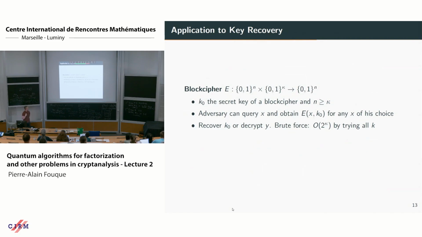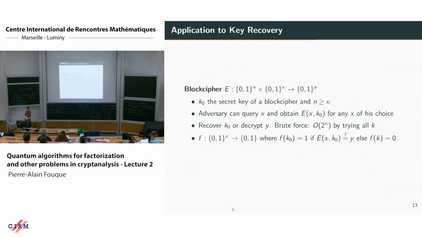You exhaust all of the different keys, and to exhaust a kappa-bit key you need 2 to the kappa operations. One operation is a decryption: you decrypt or encrypt X, and you see if the output is equal to Y or not. So this is basically the attack.